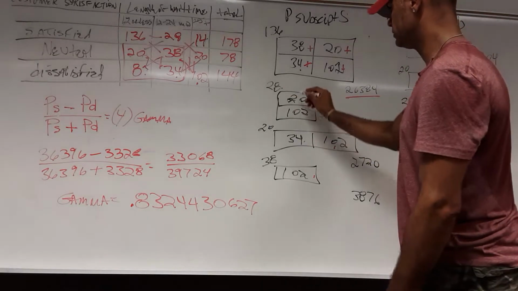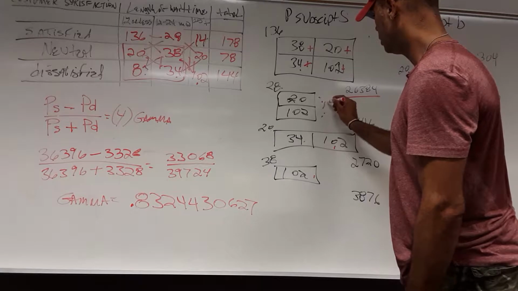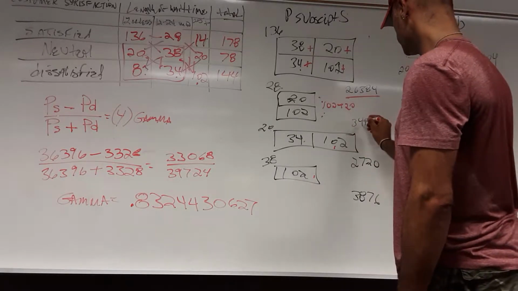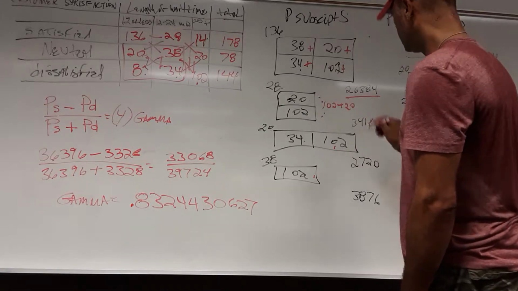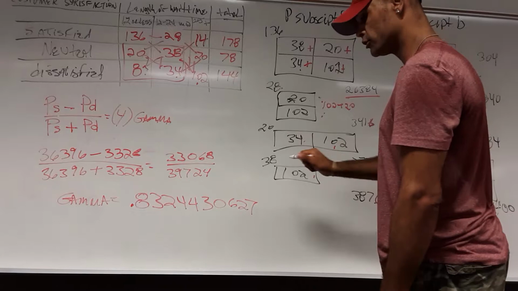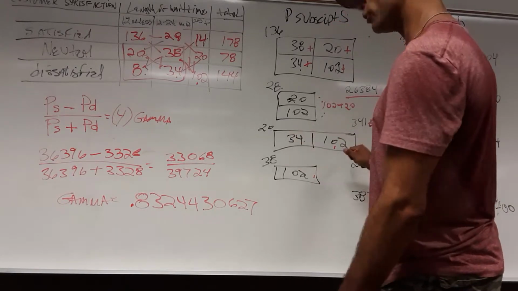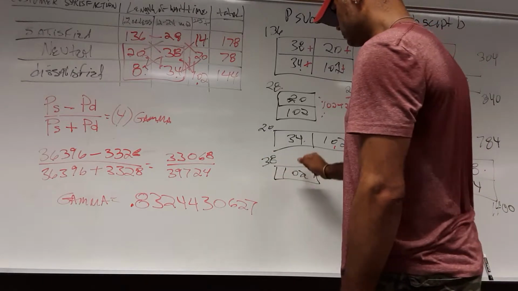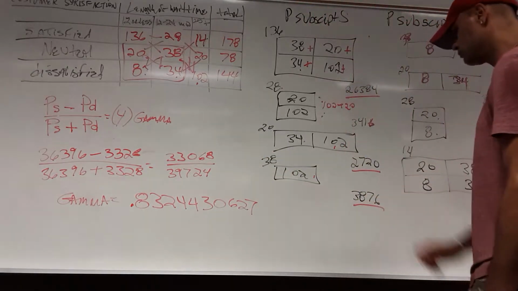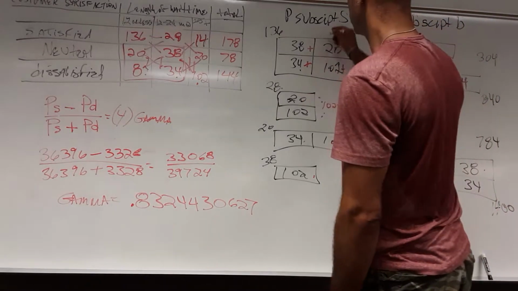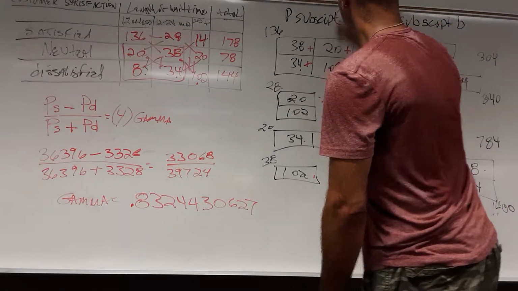Then 28 times 102 plus 20, which is 3,416. Then 20 multiplied by 34 plus 102, which is 2,720. Then 38 times 102, which is 3,876. Now that's P subscript S.